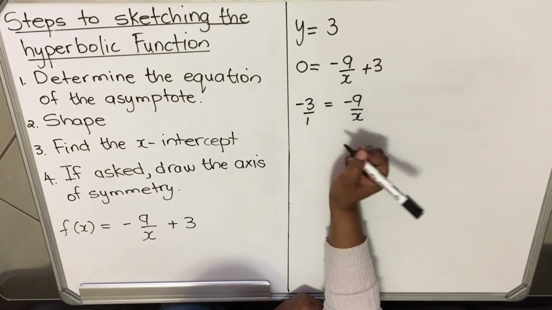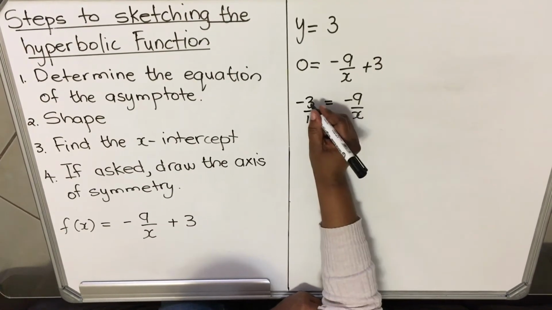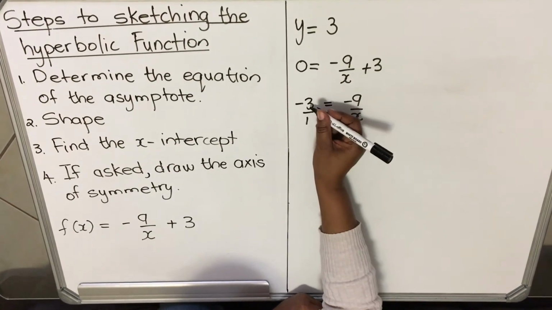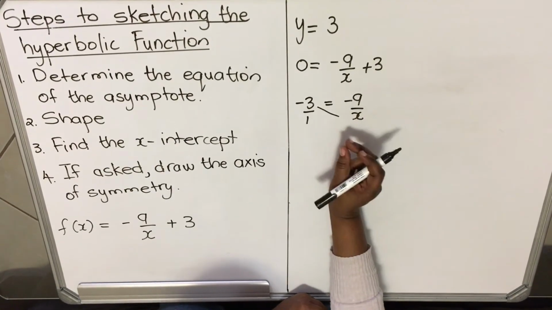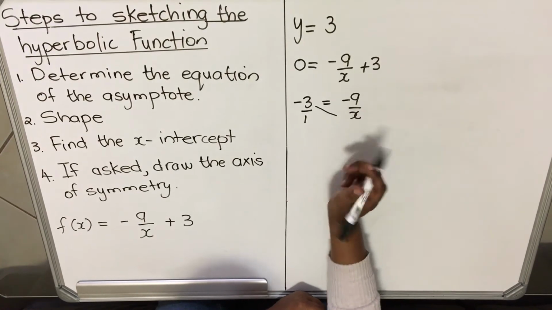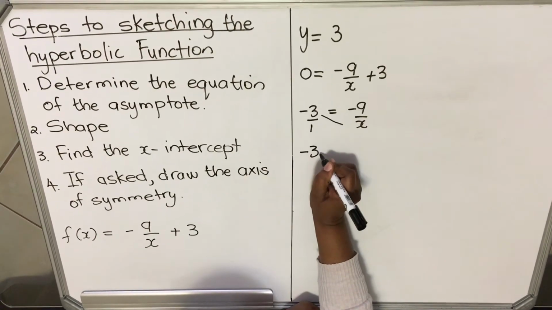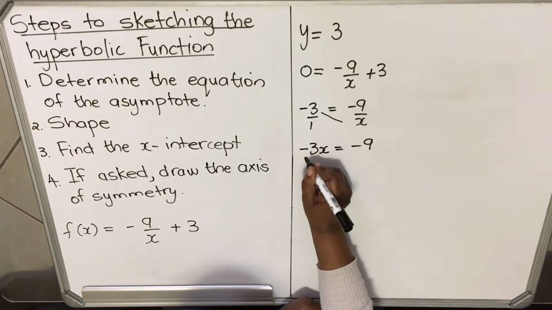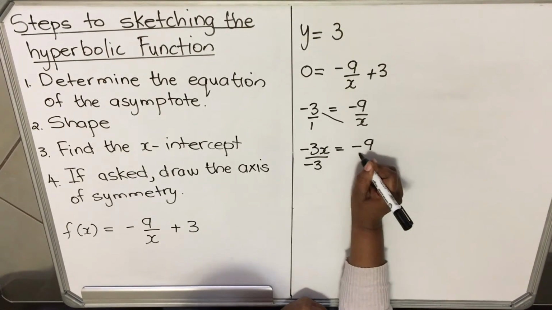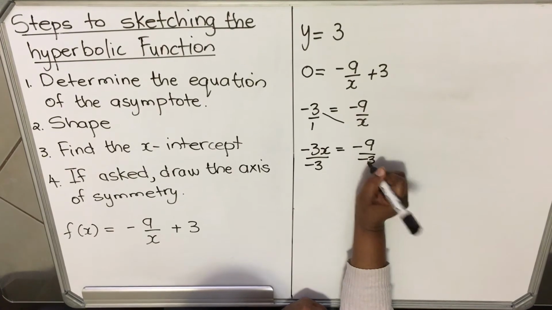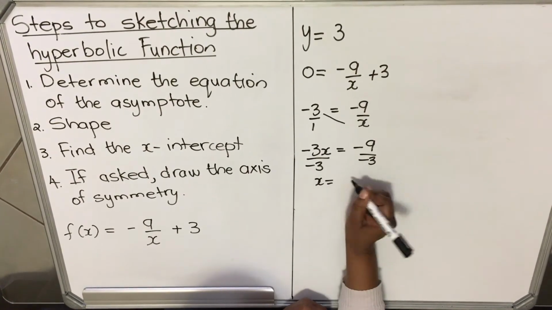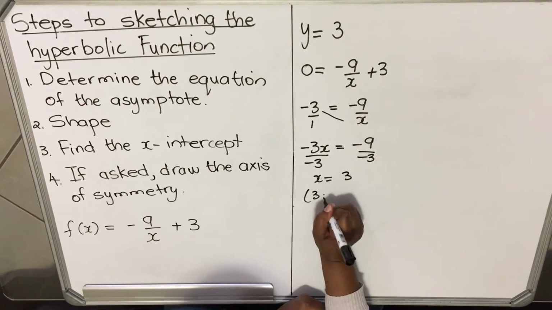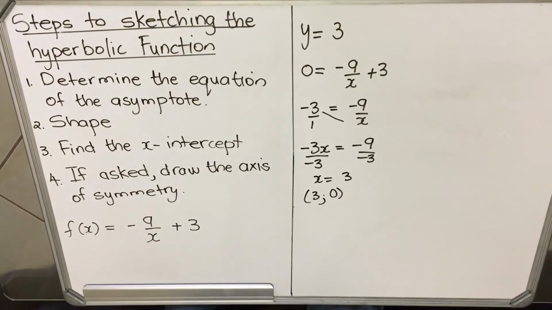Going to cross multiply. We're going to have negative 3 times x. Cross multiply, you're multiplying the numerator here and the denominator here, provided you have one fraction this side and one fraction that side. Minus 3x equals negative 9. Then we divide both sides by negative 3. Then your x equals 3. So our x-intercept is 3 and 0.